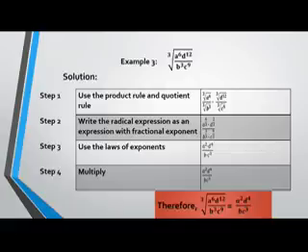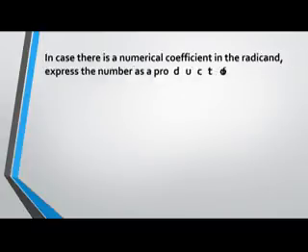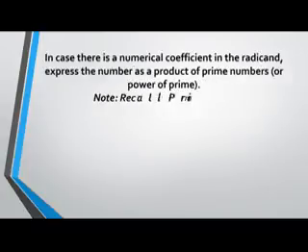In case there is a numerical coefficient in the radicand, express the number as the product of prime numbers or powers of primes. First, let us recall prime factorization.